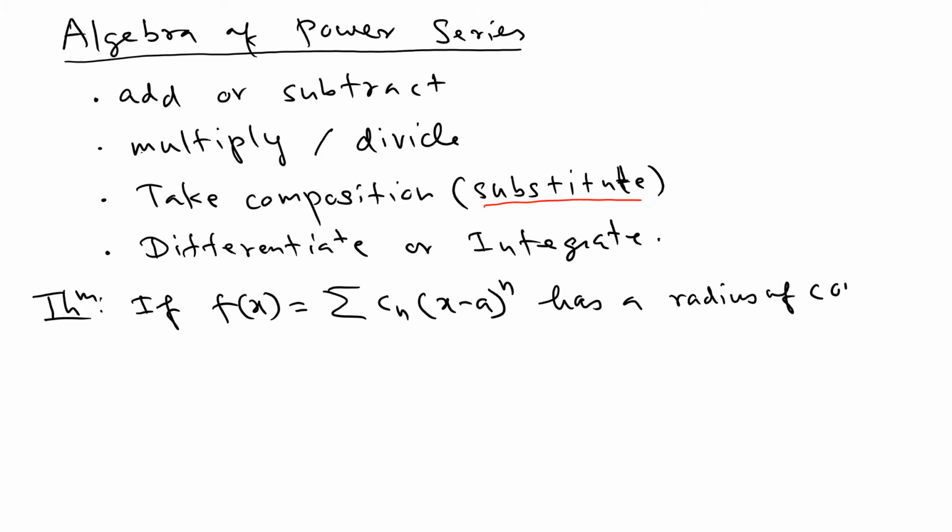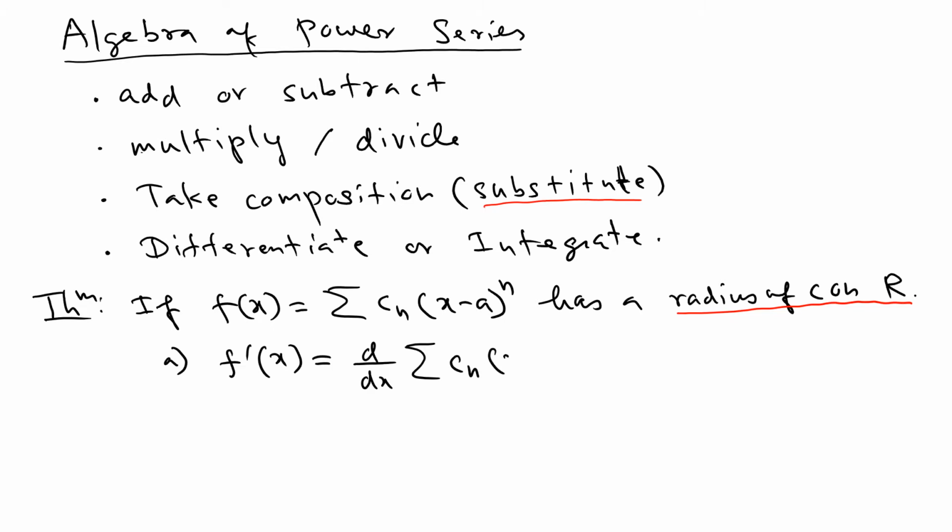Let's say this has a radius of convergence r. Then we can take the derivative of this function. So f prime of x is simply the term-wise derivative, d by dx of this series, sigma Cn (x minus a) to the n.